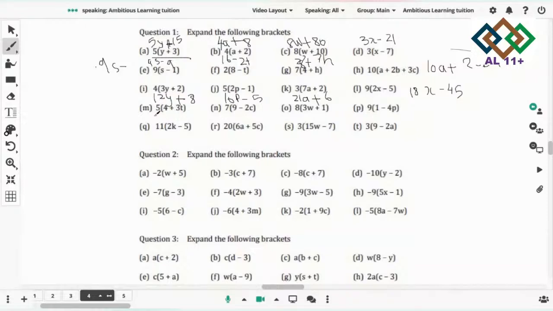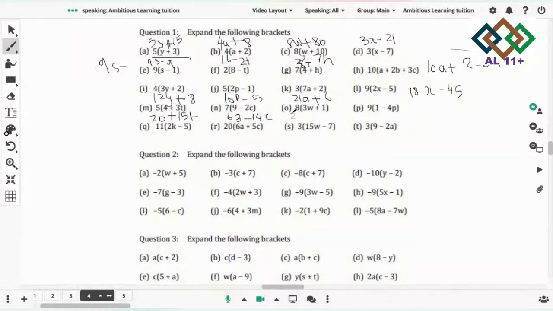Now you have M. M is 20 plus 15t. N is 63 minus 14c.